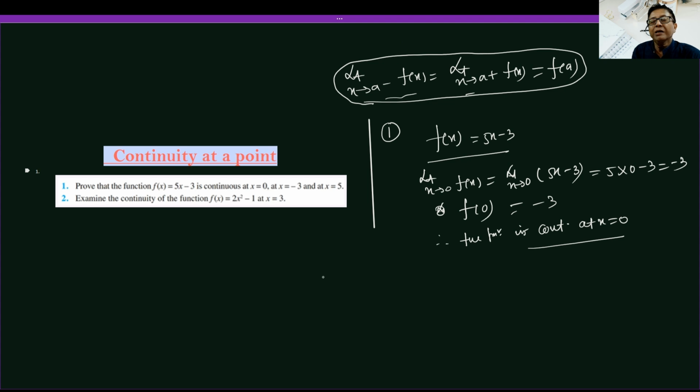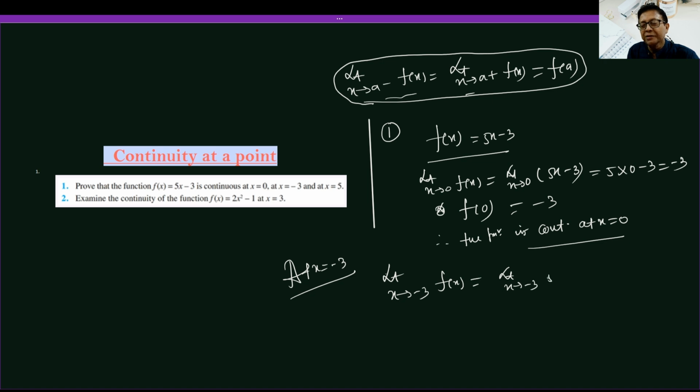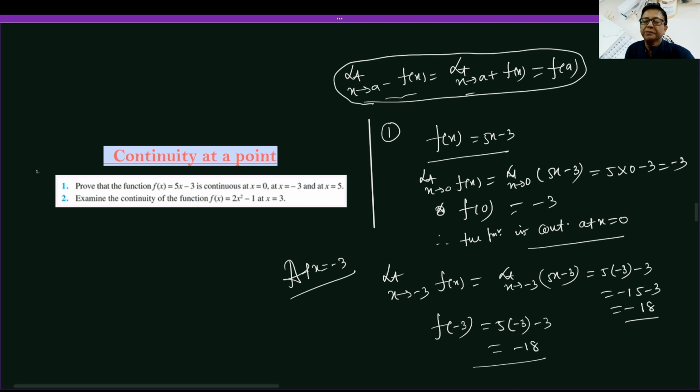Okay? And about minus 3, in the same manner, you just check the limit at x equal to minus 3. Limit x tending to minus 3 of f(x) is 5 into minus 3 minus 3, which is minus 18. And f(minus 3) is also minus 18.